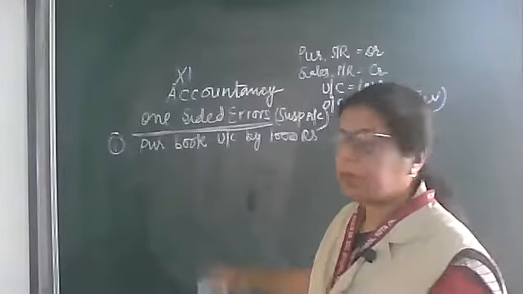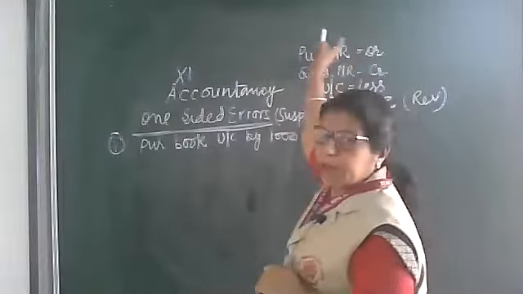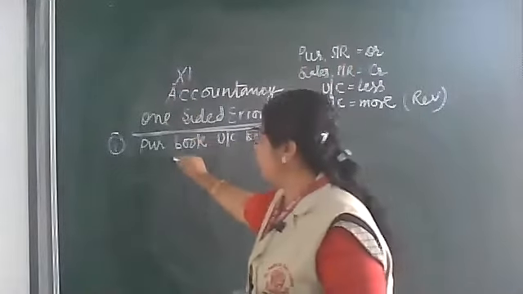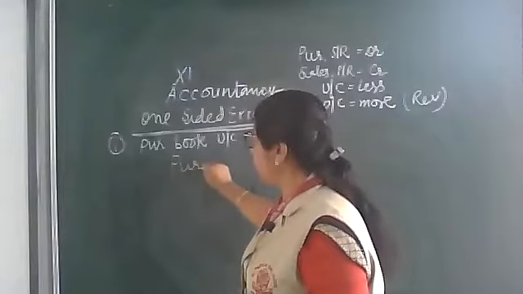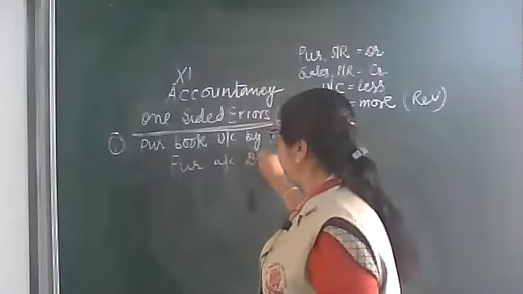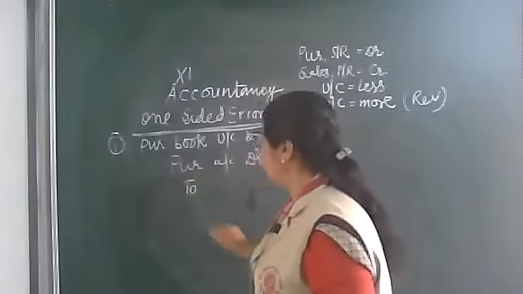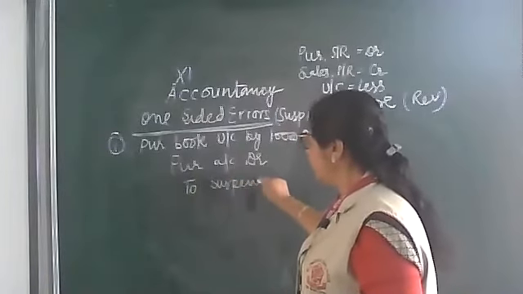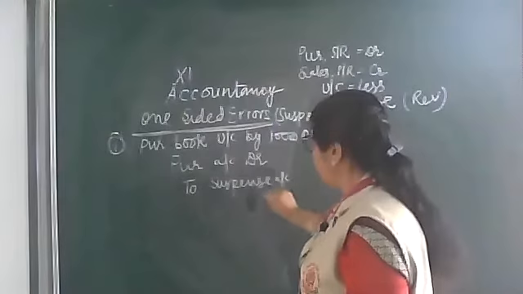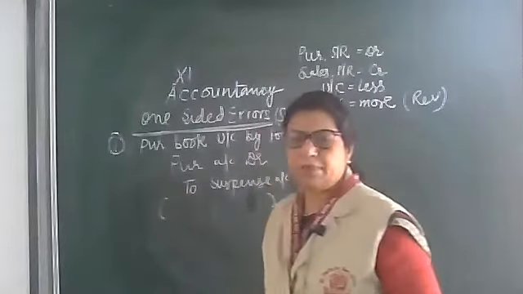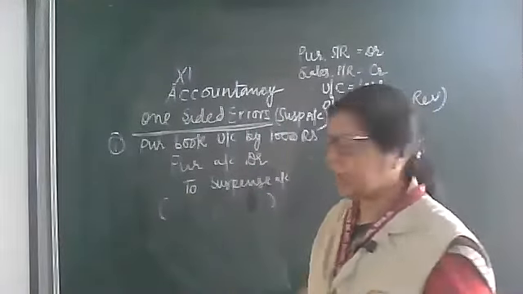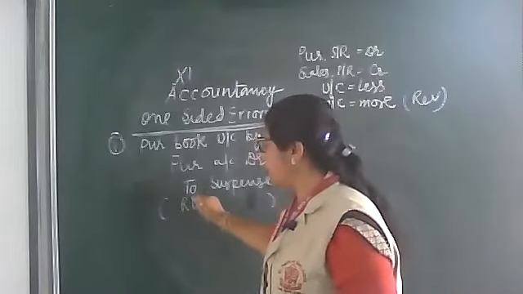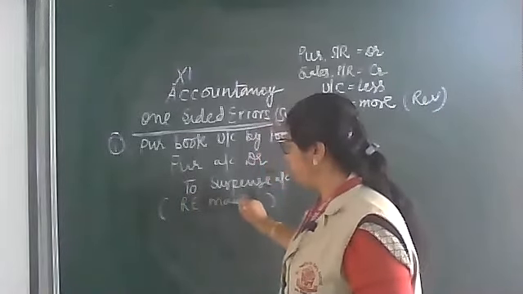Now purchase is always debited. So what to do? Purchase account debit to suspense account. Narration will be simple, very easy: rectification entry made.